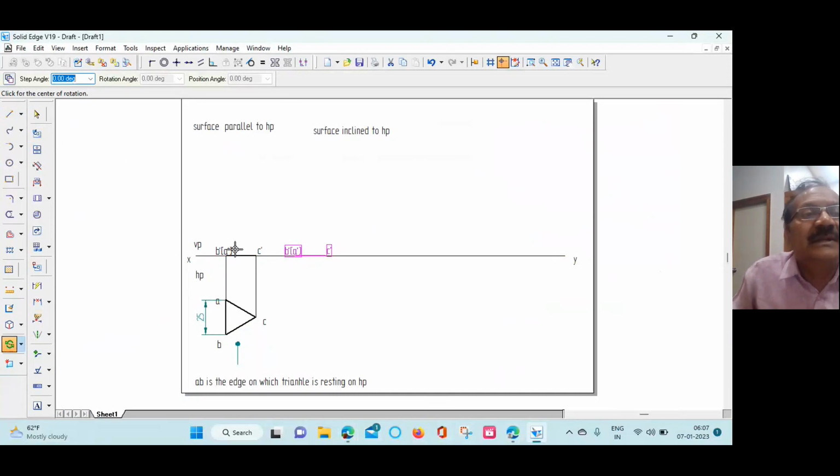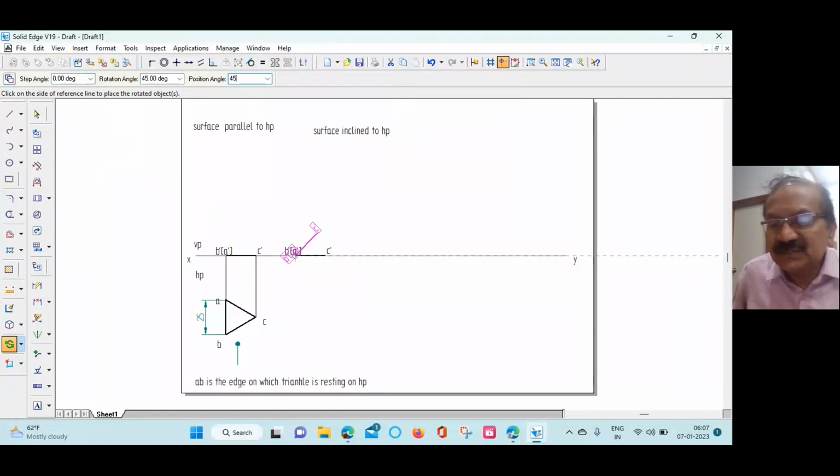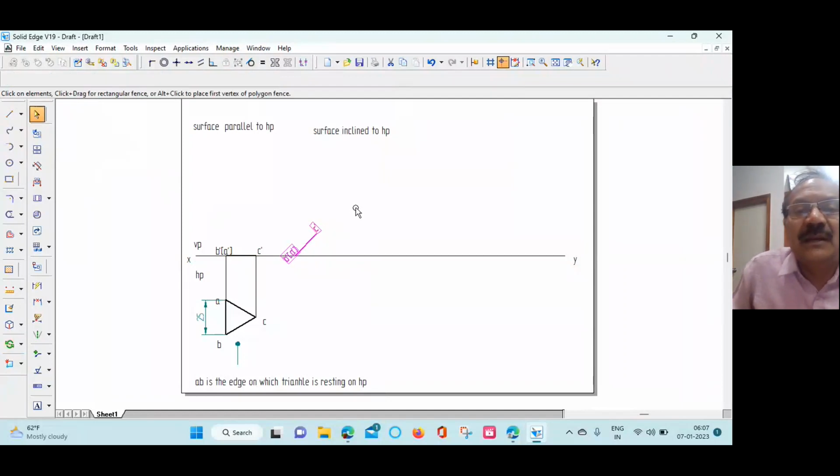Click on the center of rotation here. So this end should be the center of rotation, this end should be the point of rotation. It should be rotated by an angle of 45 degree, and the position angle is also 45 degree.